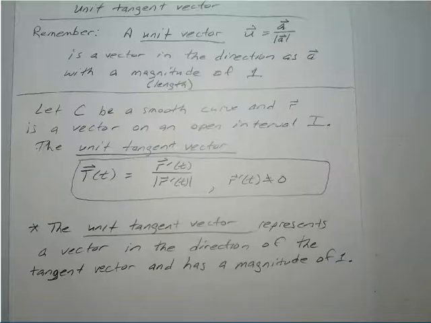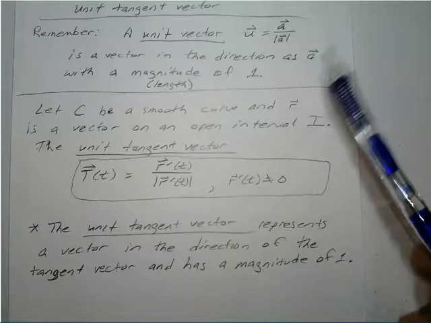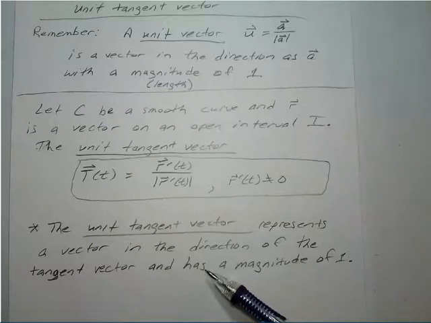All right, so they both have the same general idea, they just perform them for two different types of vectors. One's a regular vector, one is a tangent vector.